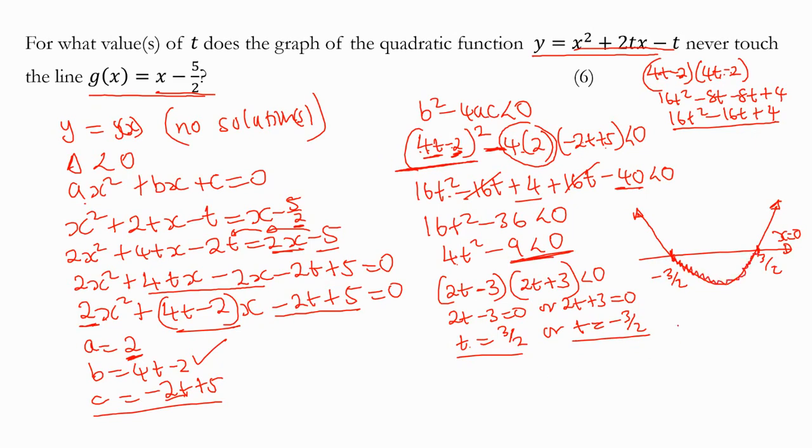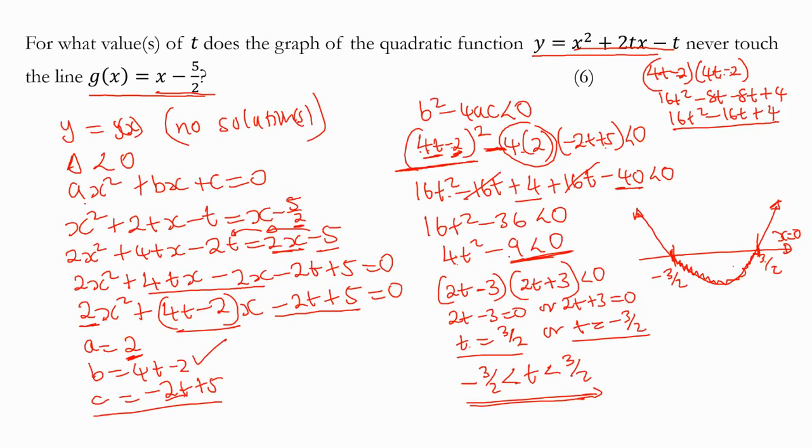It's between negative 3 over 2 and 3 over 2. So it's t greater than negative 3 over 2, but t less than 3 over 2. Okay, that's the solution. These are the values of t where the graph x squared plus 2tx minus t never touches the line g of x is equal to x minus 5 over 2.